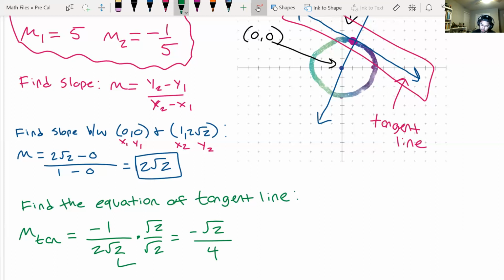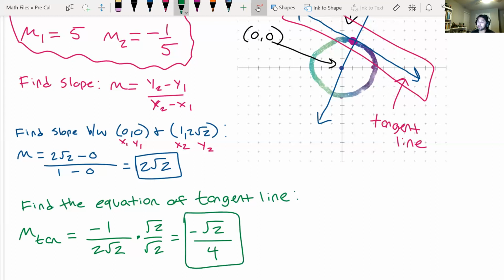Because square root of 2 times square root of 2 becomes what? Well, just 2. Because it becomes the square root of 4, which then becomes 2. Okay, so now we have the slope of the tangent line.